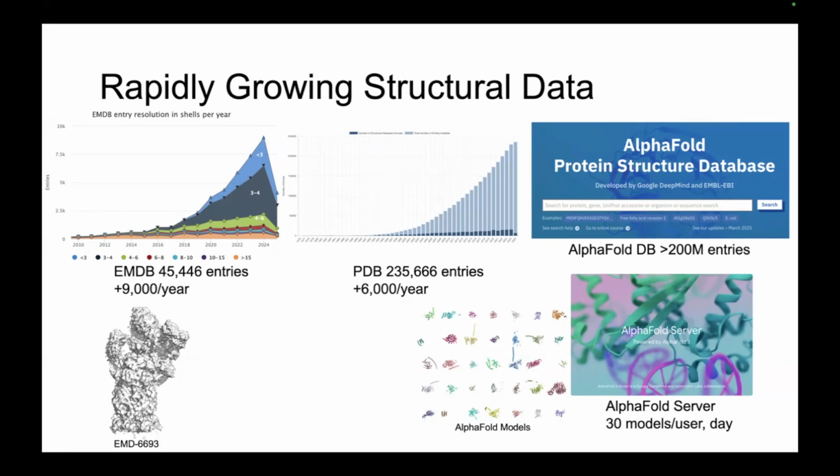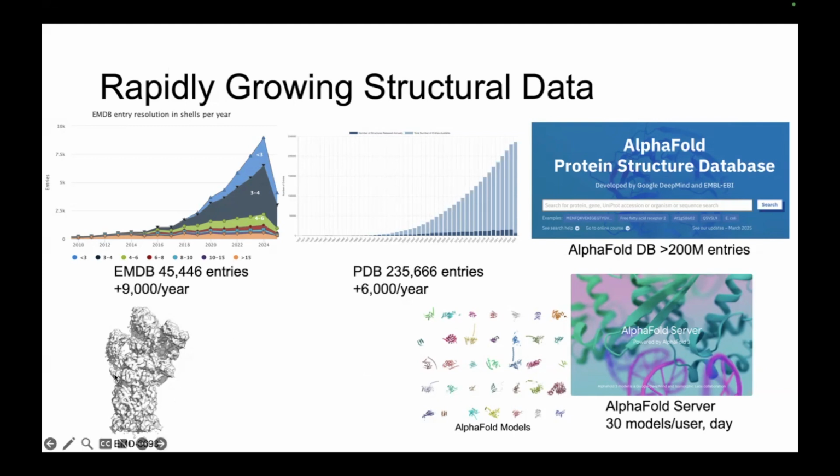Every day, a user can generate 30 models on the AlphaFold server. That means we have a lot of cryo-EM maps, and a lot of atomic models, both experimental and predicted.